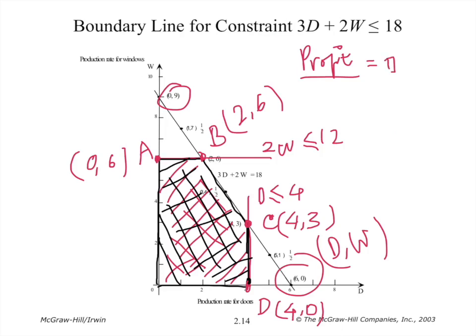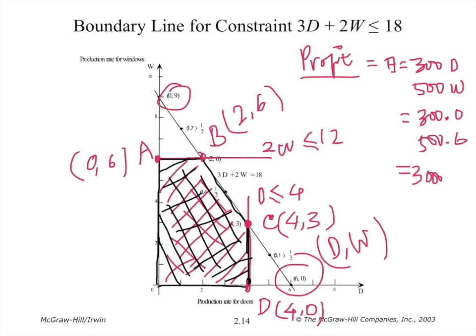Profit in point A: that is 300T plus 500W. In point A, we have (0, 6). So 300 times 0 plus 500 times 6. How many is it? That is 3,000.